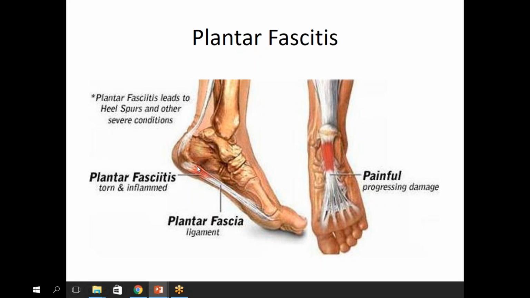No. If you have this being tight, just picture the fascia, the white, is pulling all the time, and it comes around the heel bone. Well, if we have an area in the body that is getting excessive pressure or friction from the external environment, it starts forming a callus, starts forming extra bone.